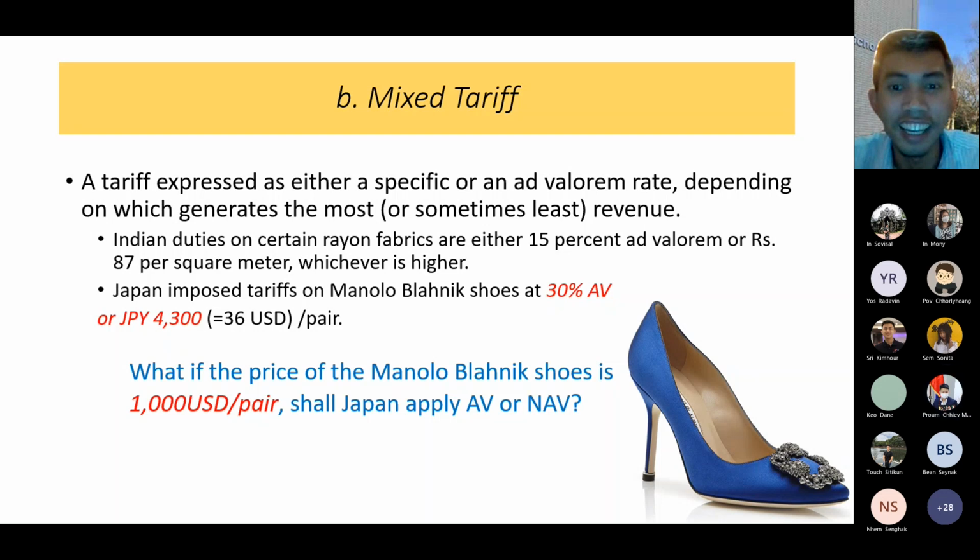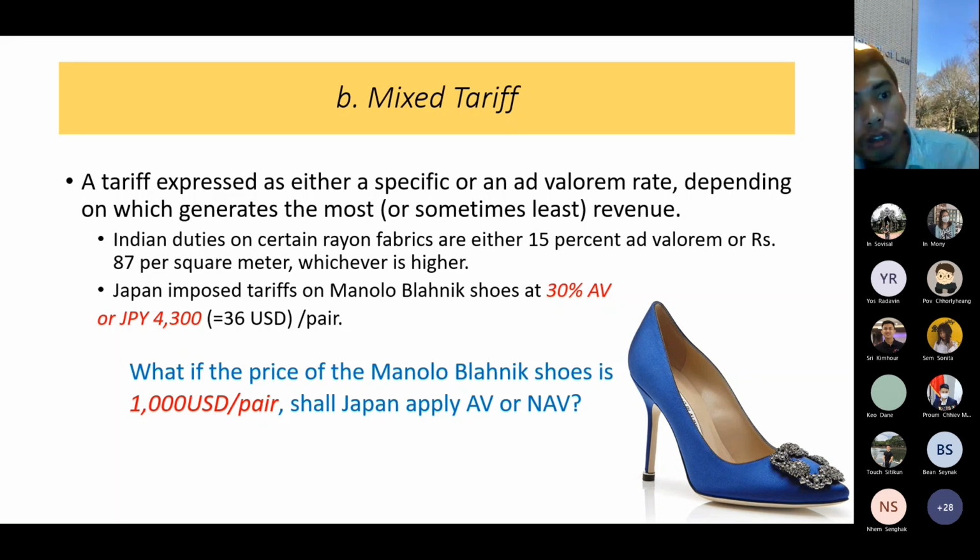Exactly. So India has two options. India includes two options in its schedule of concession for rayon fabric. If the price of rayon fabric is only $100, they will apply the specific tariff, because the specific tariff is $87 per square meter, and one fabric is 1 square meter. 15% of the price of the good is only $15.